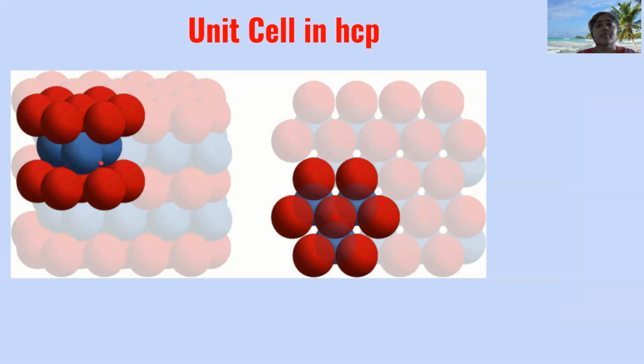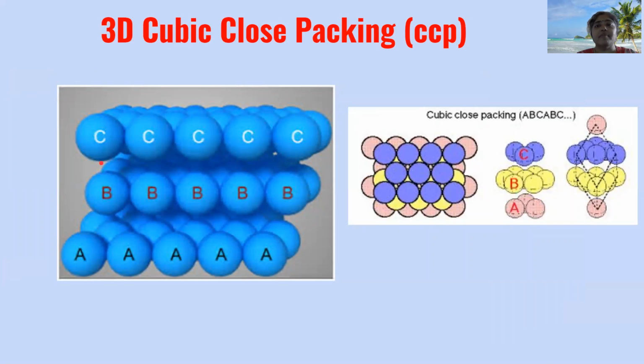Now coming to the three-dimensional cubic close packing, or the CCP type, where I told you that the third layer will cover the octahedral voids. So you can see here, this is the first layer represented as the A layer, the second layer of two-dimensional arrangement is called the B layer now, and the third layer, again having the same type of two-dimensional arrangement, is now called a C layer.